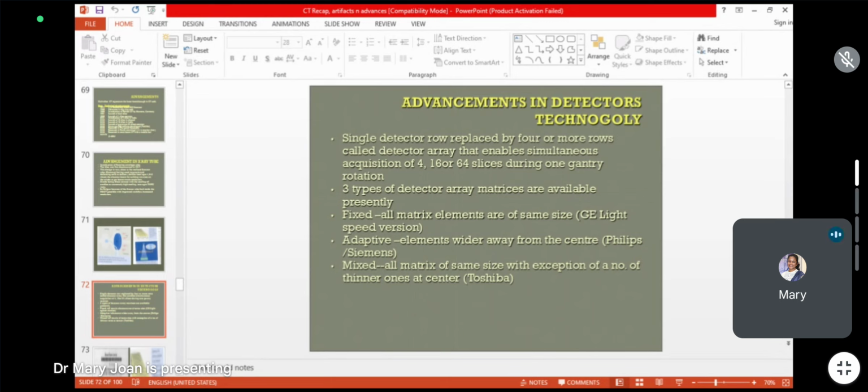So different companies adopted different techniques to produce their own system of producing a good quality image. This is not the only thing which determines image quality. There are other factors too: the acquisition is one factor, and how you process all that also comes into the picture in developing a better quality image.